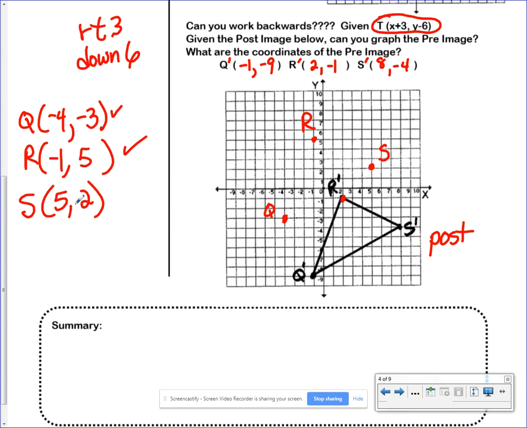Does that make sense? If I started here and I went to the right 3, that means add 3 to 5. That's 8. Down 6 means subtract 6 from +2. 2 minus 6 is -4. There we go. Here is the pre-image. Right there.